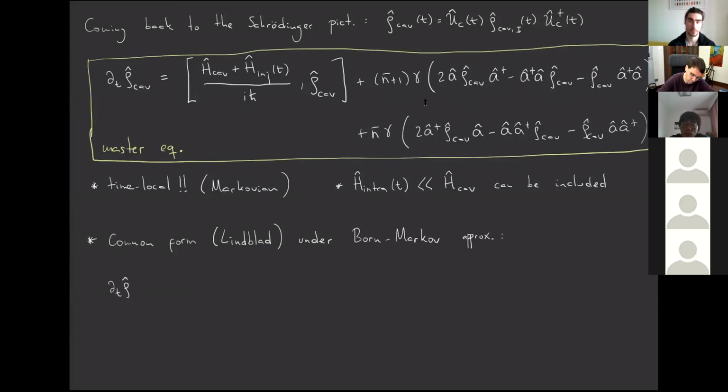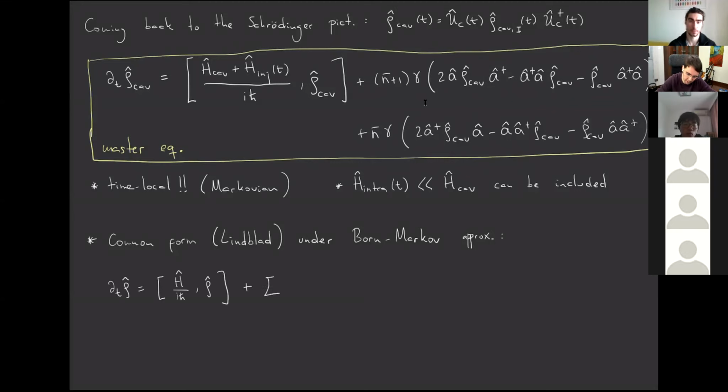So it's possible to prove that any open system under the Born Markov approximation for the interaction with the environment will always be described by an equation that has a Hamiltonian part that includes the Hamiltonian of the system and any renormalization or change induced by the environment, like for example, the injection Hamiltonian.